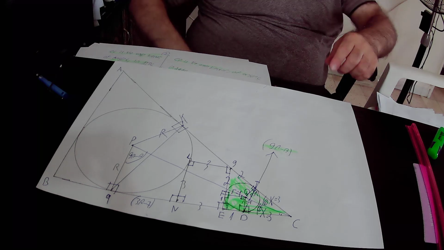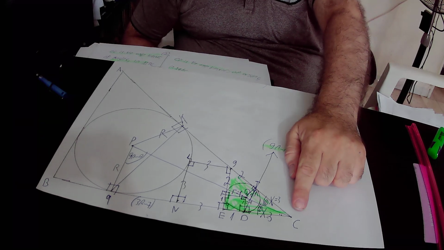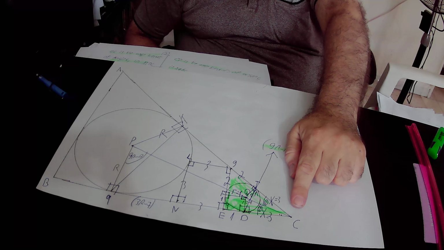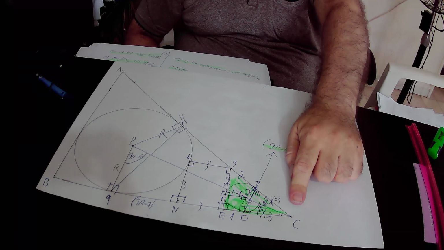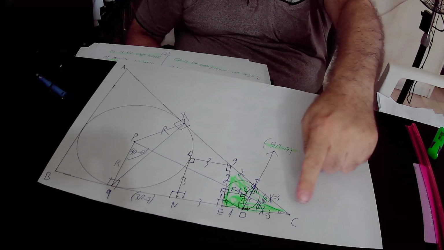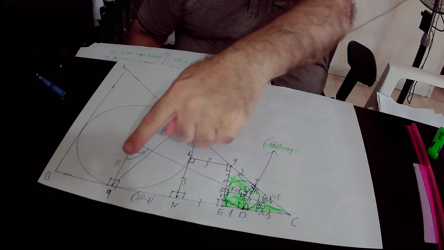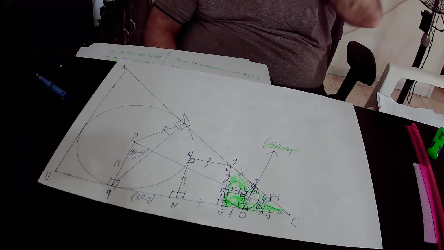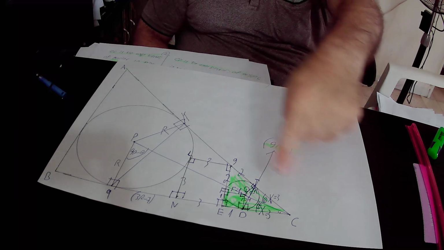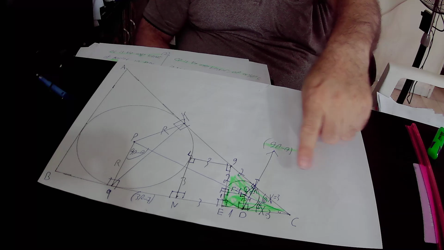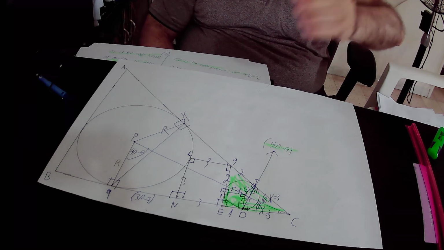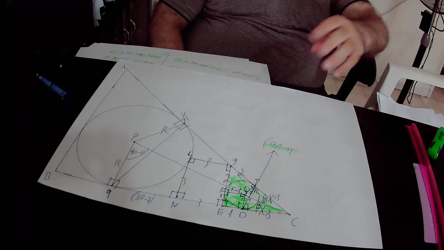If you focus on point C, we have two tangents to the big circle, tangent CK and tangent CQ, and according to rule number 2, they are equal to each other. That is to say, CK equals CQ. And finally, CP is the common side that belongs to both triangles, so CP equals itself.